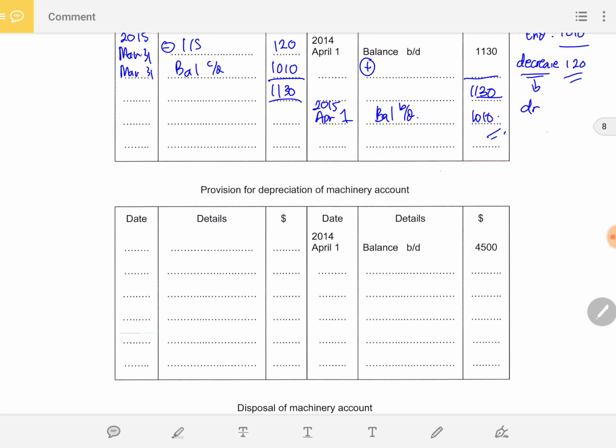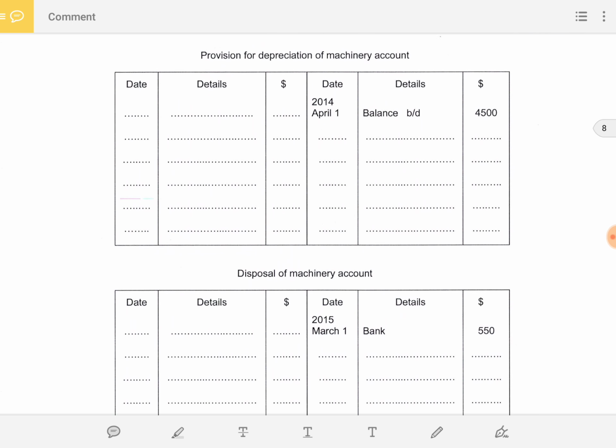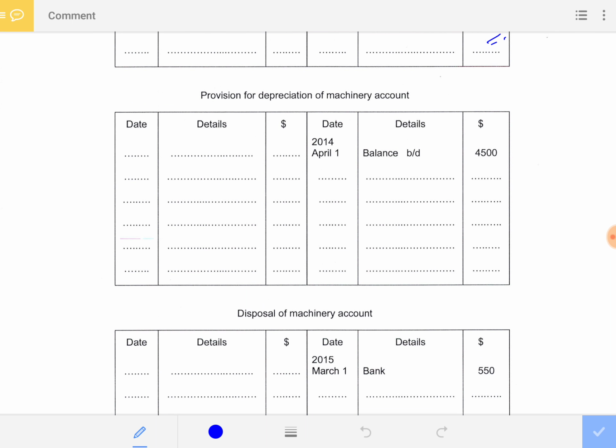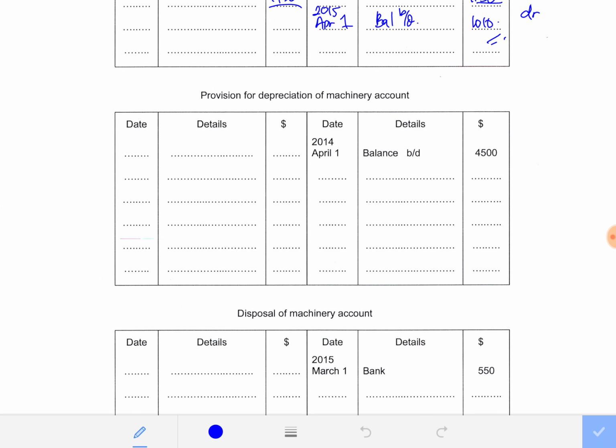Next is provision for depreciation of machinery. Provision for depreciation of machinery will change if there are two transactions.